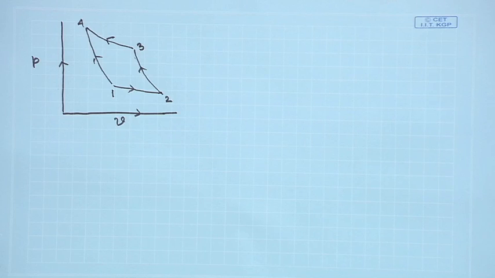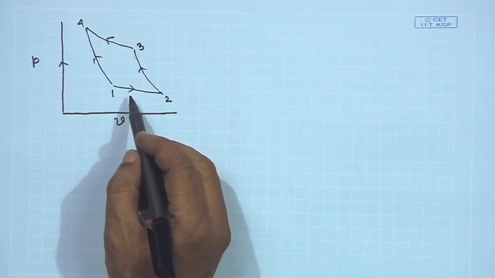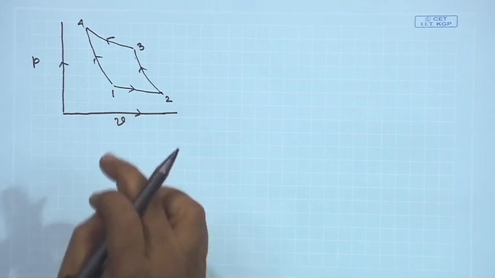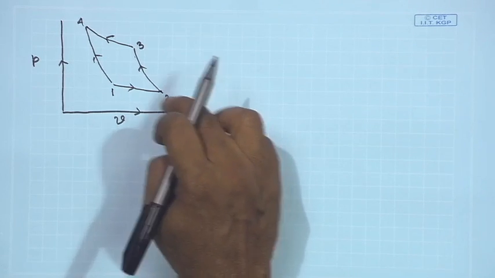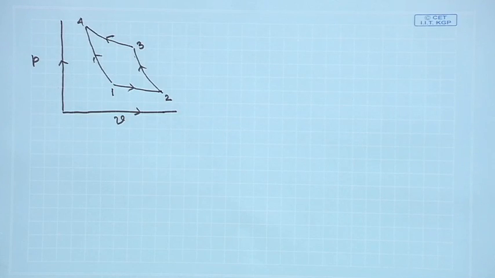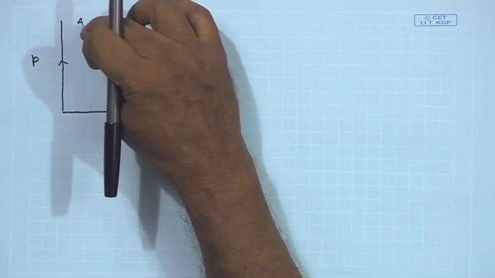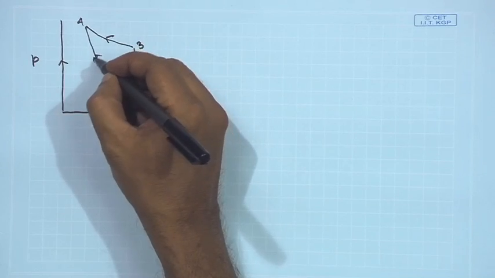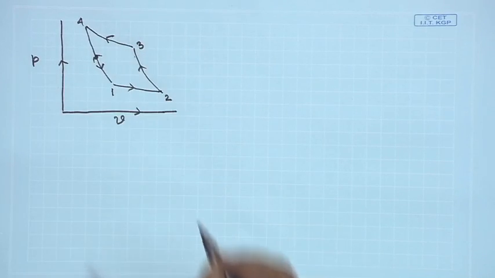So, what are the processes? 1 to 2 we get an isothermal process, and then 2 to 3 it is a compression process. So, 2 to 3 is an adiabatic compression process. Then again 3 to 4 there you will be another isothermal process, sorry, this arrow mark will be in the opposite direction.